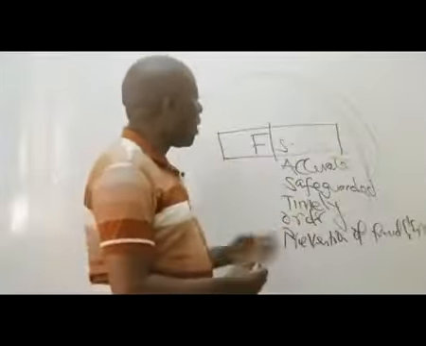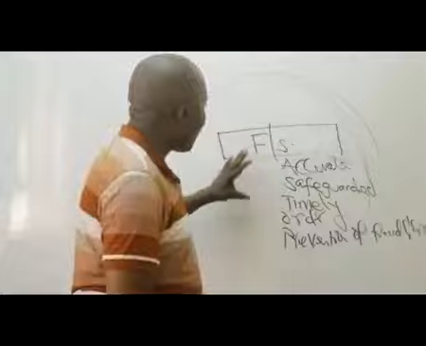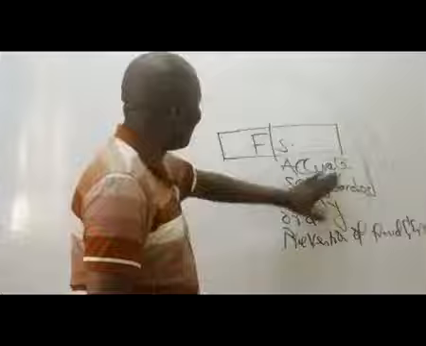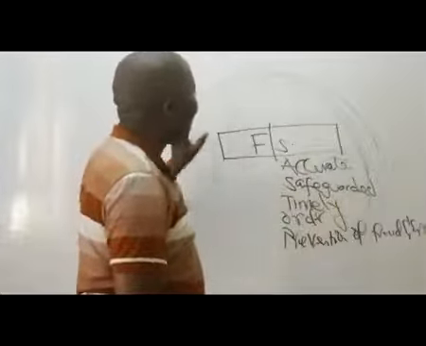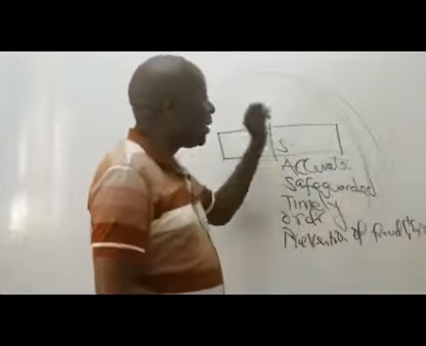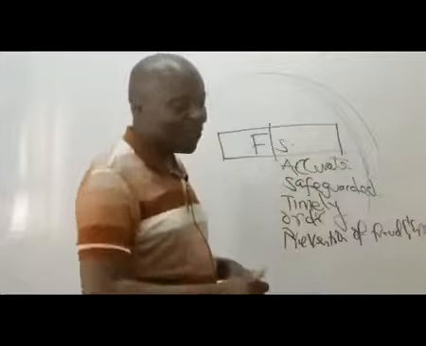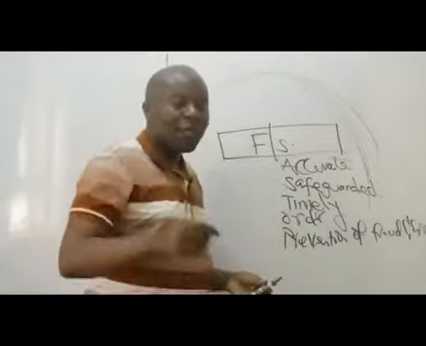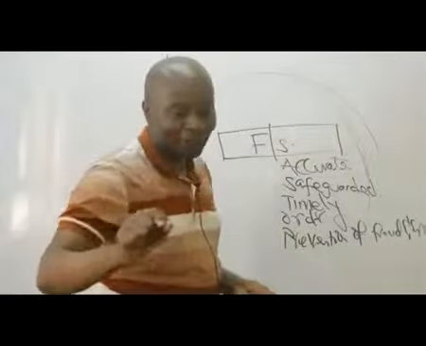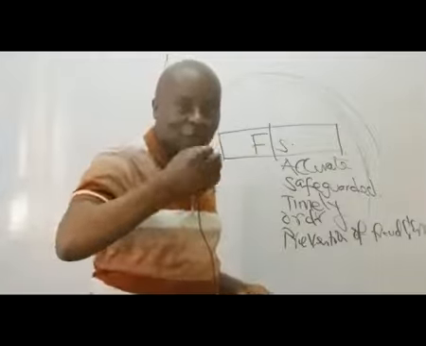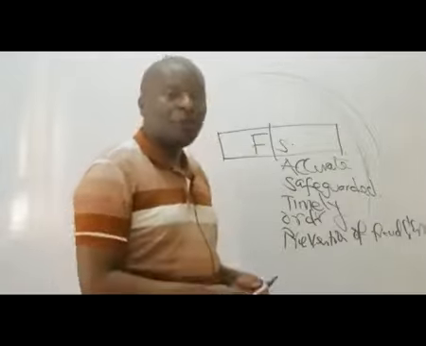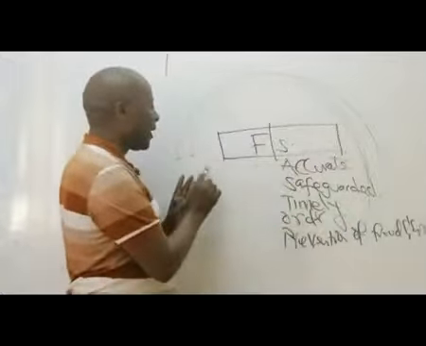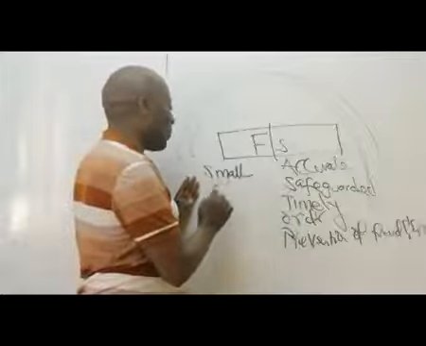Now, ladies and gentlemen, if I come to an organization and realize that it has been able to put up such a strong, beautiful umbrella of internal control systems, I will be able to place reliance on this and do very little work. Little work means, for example, if I've got a population of 1,000 vouchers, I don't have to audit each voucher. If internal control systems are working, then in terms of sampling, I'll be going for a small sample.